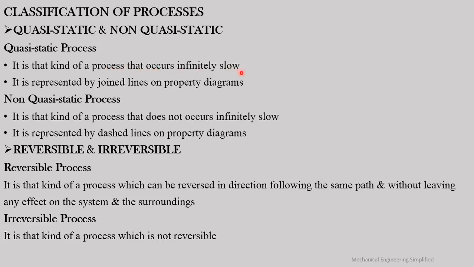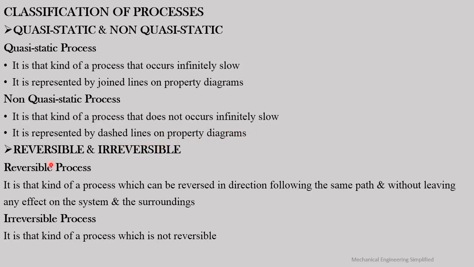Any process that occurs infinitely slowly is known as a quasi-static process, and it is represented by joined lines on the property diagrams. Then a non-quasi-static process is that kind of process that does not occur infinitely slowly, and it is represented by dashed lines on the property diagrams.